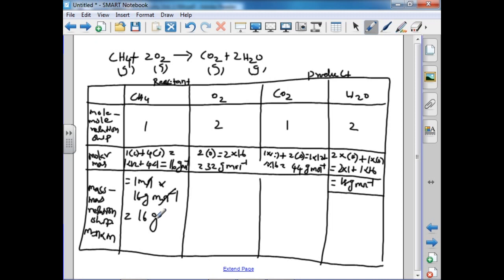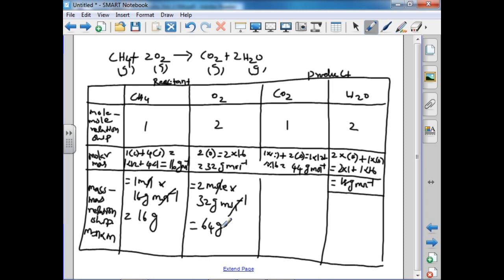The next one is number of mole of oxygen 2 mole, molecular mass of oxygen 32 gram mole inverse. Mole inverse cancel, so 64 gram.